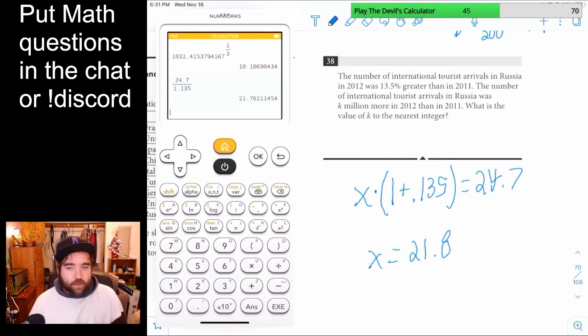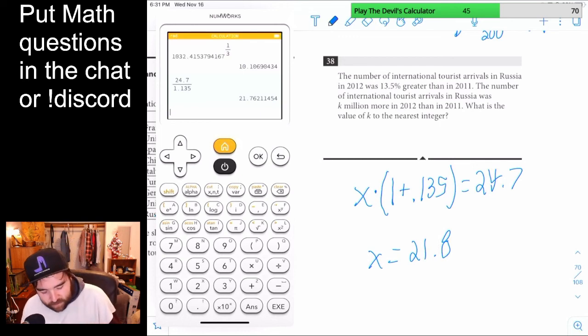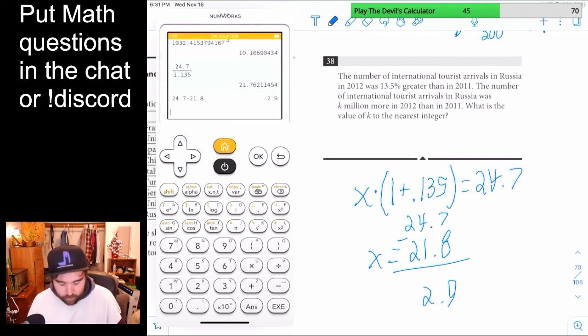Now, that's not the answer, because remember what they're looking for. They say the number of tourists arrived in Russia was K million more in 2012 than 2011. So we want the actual number increase. So we just have to do the 24.7 minus that. And I'd go to the calculator, but that's 2.9, right? 24.7 minus 21.8 is 2.9.